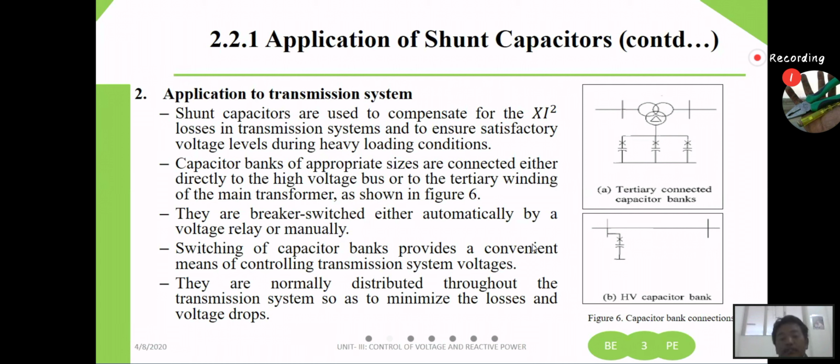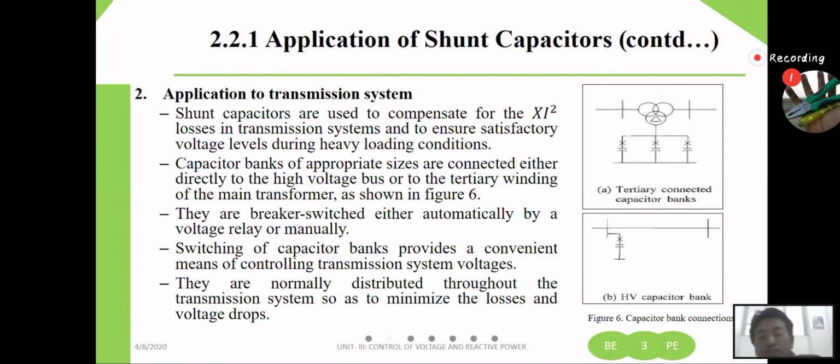In our system we will not find all this, but all of it can be used to compensate the voltage losses and control the voltage in the transmission system.